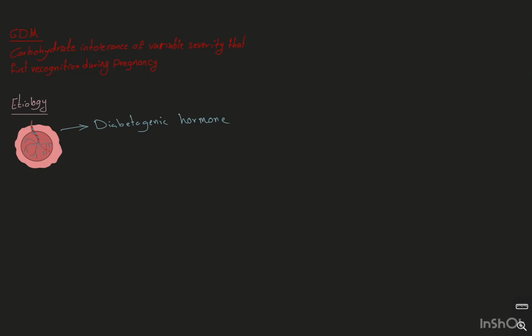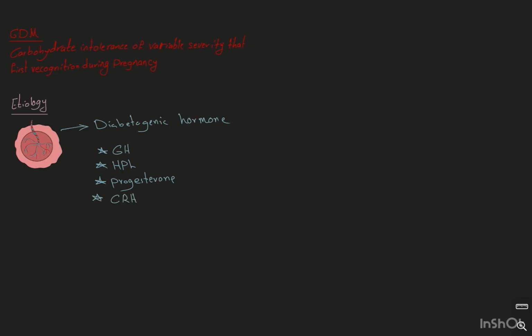These diabetogenic hormones are mainly growth hormone, human placental lactogen, progesterone, and corticotrophin releasing hormone.